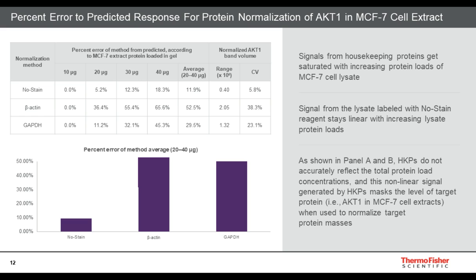If you look at the numbers, 0.0 would be the perfect result. No-Stain is at 5.8%, so slightly higher than the target result. But actin and GAPDH are several-fold higher in terms of error. So compared to No-Stain, they provide much more erroneous results.